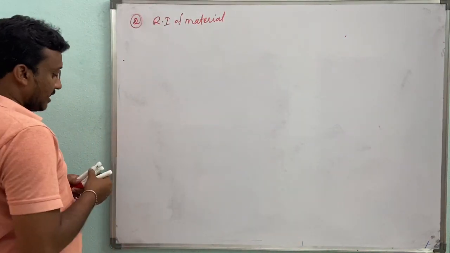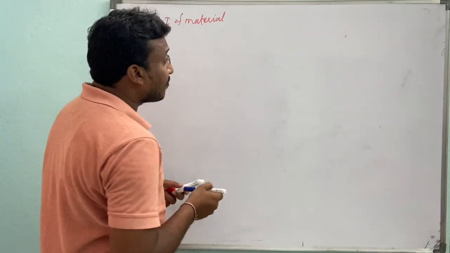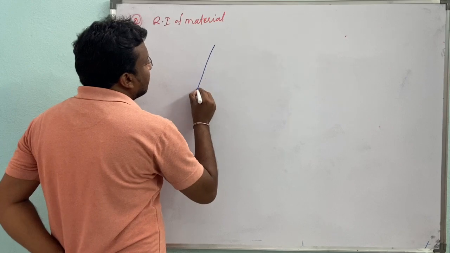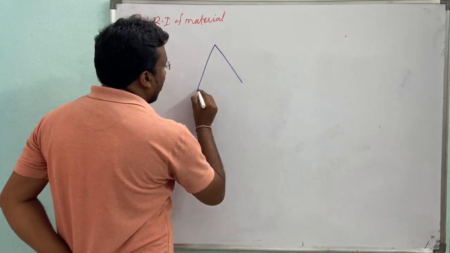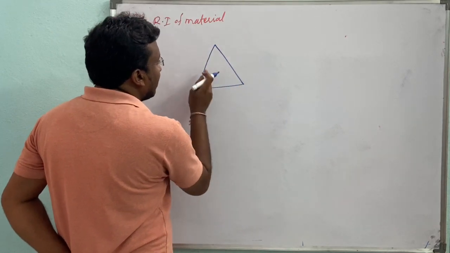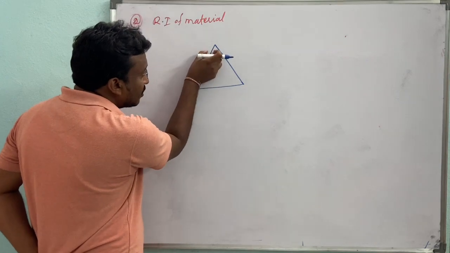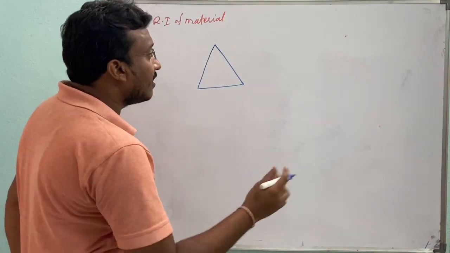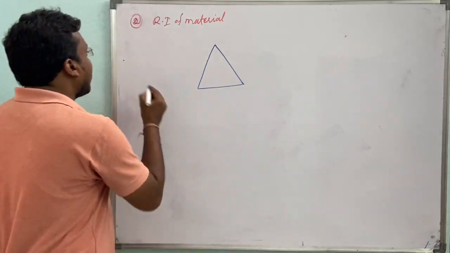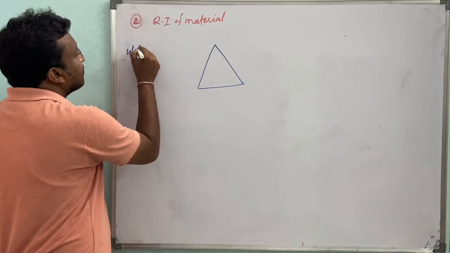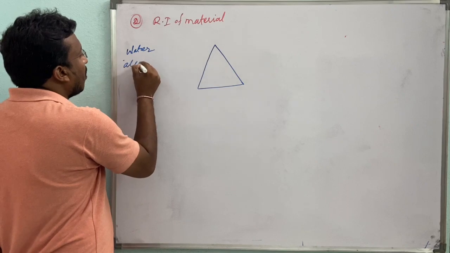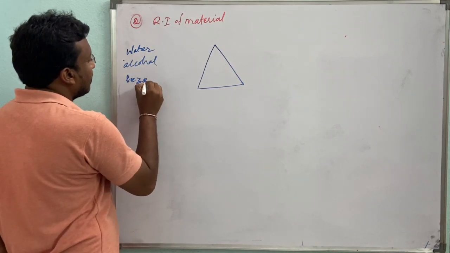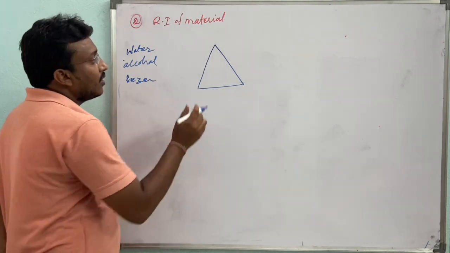In this case, we will use a hollow prism. The prism is hollow, that means empty. It is made of thin glass, and this hollow space is filled with different liquids, for example water, alcohol, or benzene, and so on. We will fill it.